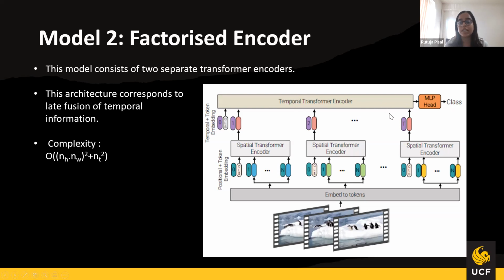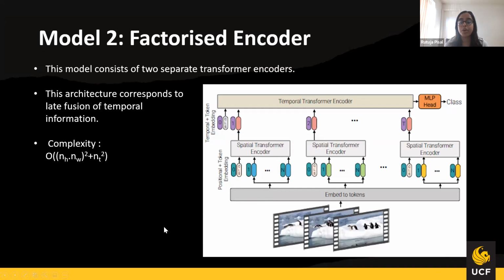This basically facilitates the late fusion of temporal information, as first spatial information is obtained, and then it is used to get temporal information. In this model, there are more parameters since 2 encoders are involved instead of 1, which is the spatial and the temporal encoder separately.